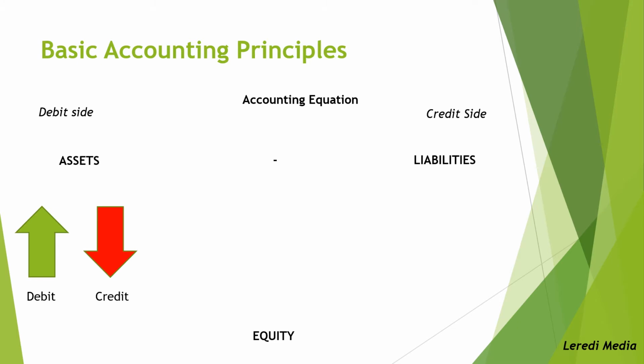The same applies to the liabilities, but vice versa. Because the liabilities are on my right hand side, if there is an increase in these liabilities, they will increase on the credit side, which is the right hand side, and they will decrease on the debit side, which is the left hand side.